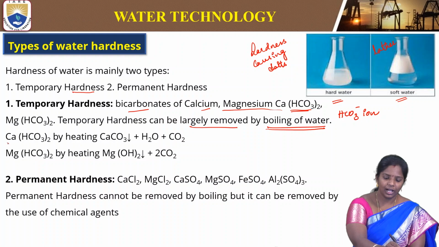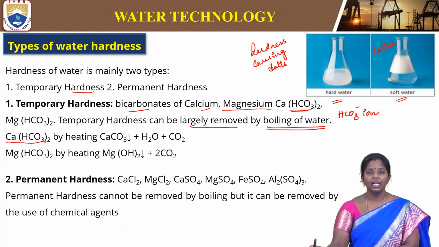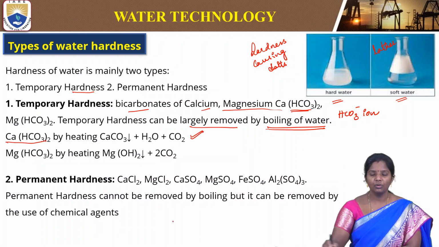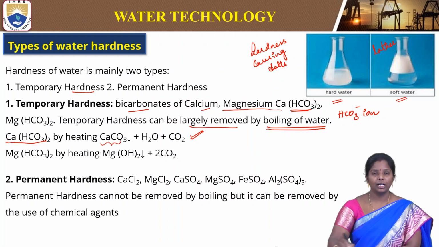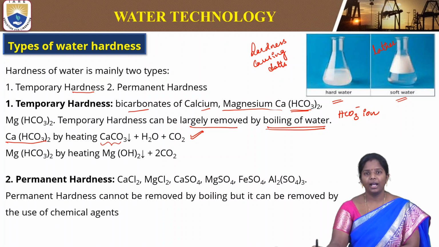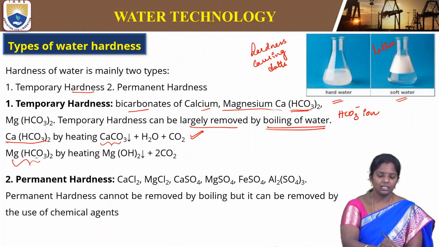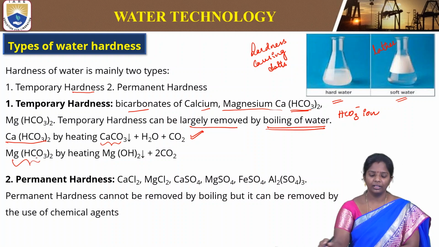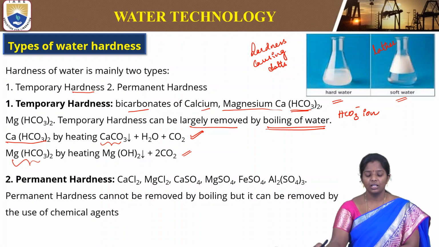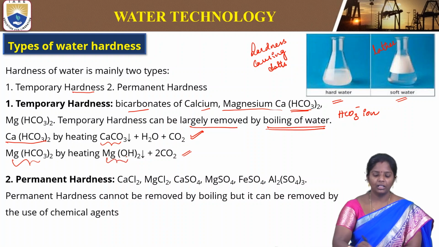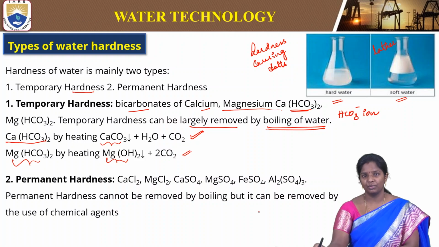What happens when calcium bicarbonate is boiled? The effervescence coming out is carbon dioxide escaping from the water, and it forms calcium carbonate, which does not cause problems to the boilers in the way scales do. Similarly, magnesium bicarbonate upon boiling allows carbon dioxide to escape, and magnesium hydroxide forms and precipitates out.